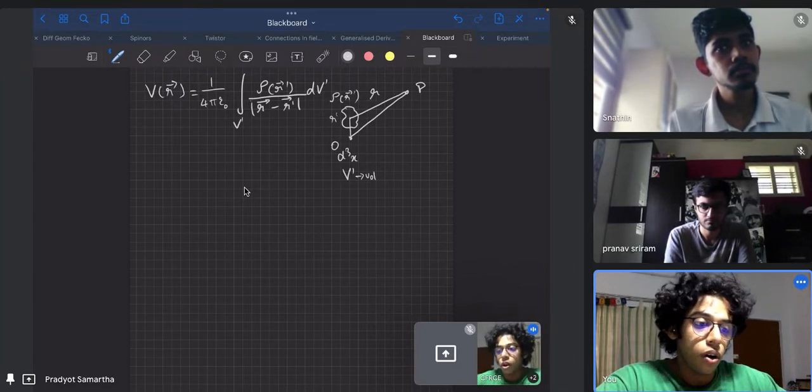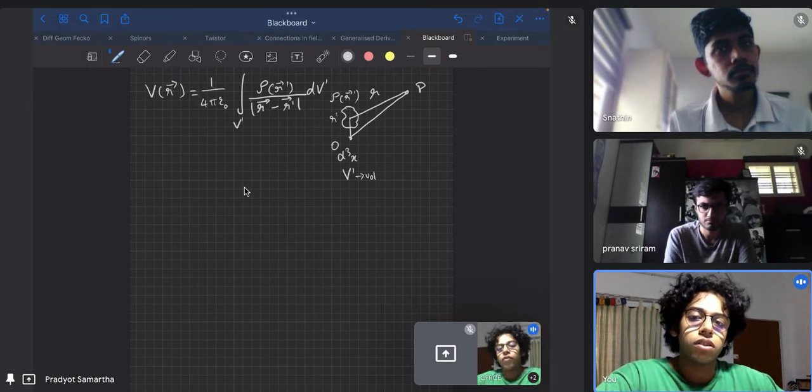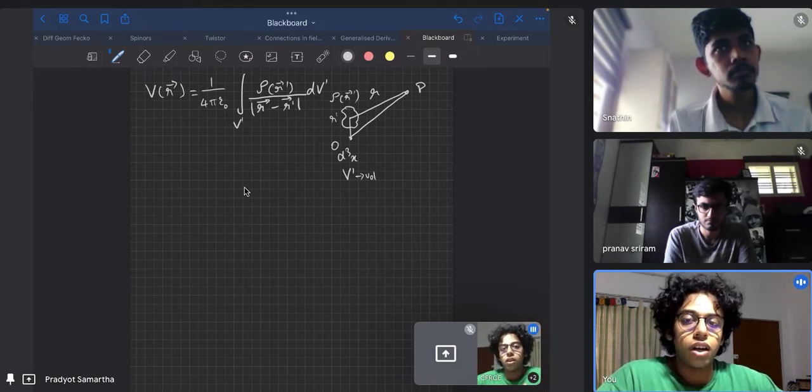Now when you calculate your integral, you need a clearer idea of the density.